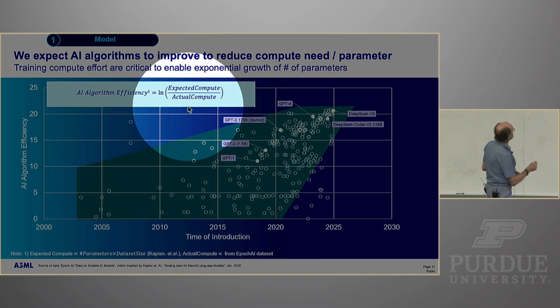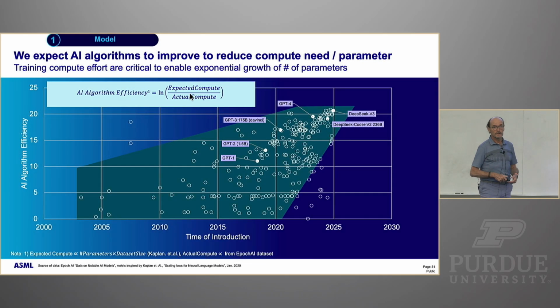If the actual compute is much smaller than the expected compute, then I have something that is very efficient. So that's a high efficiency number. And I don't want it to blow up, so I take the log so that it becomes an exponential scale. That's what we're plotting here.